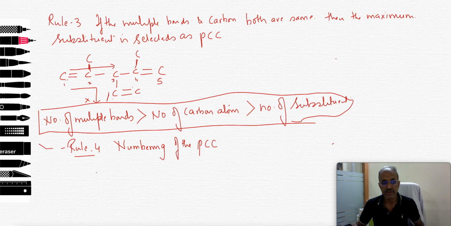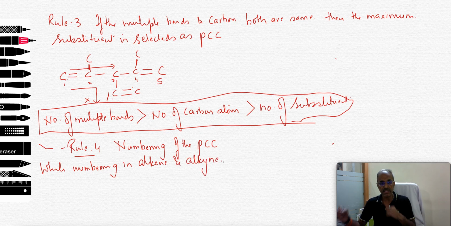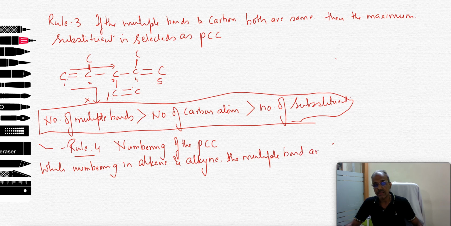While numbering in an alkene and an alkyne, the multiple bonds are given the lowest locant number, or the lowest numerical value.